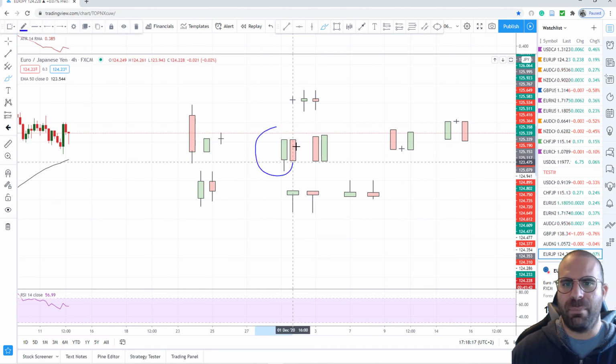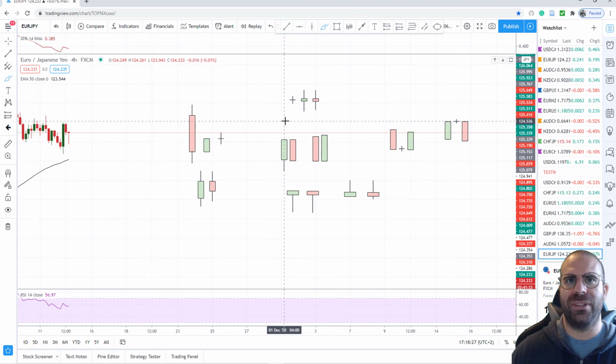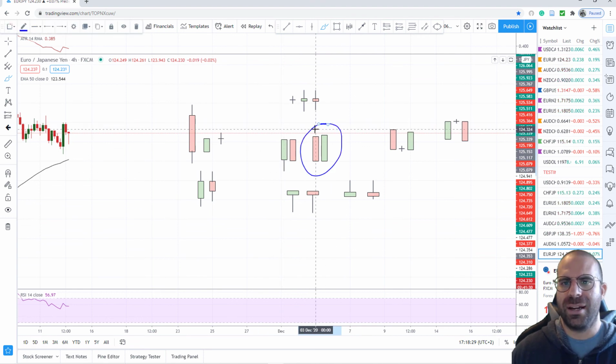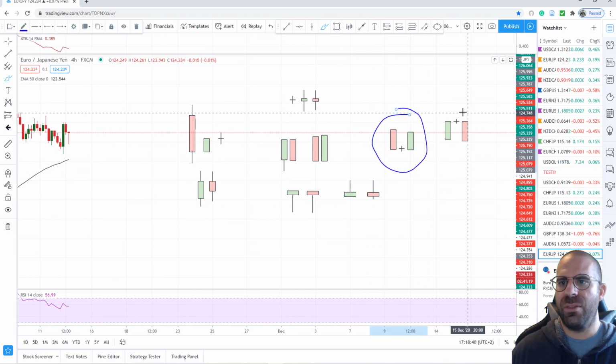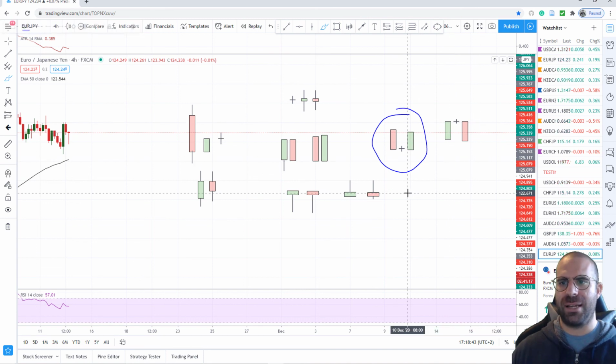We talked about the bearish engulfing candle, indicative of a possible initiation of a downtrend, the bullish engulfing candle, which is indicative of the exact opposite, initiation of a bullish movement, the morning star, and the evening star, which were our last examples.